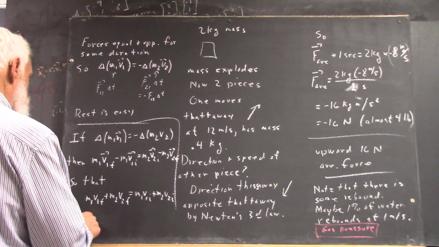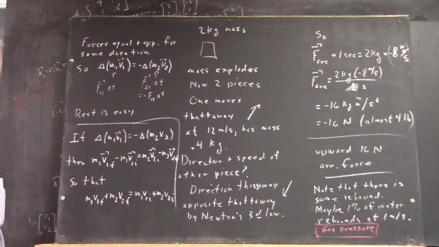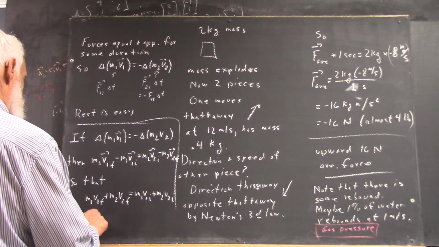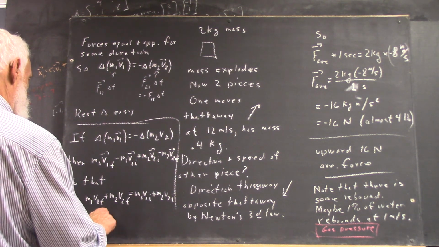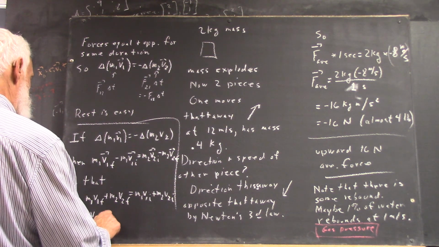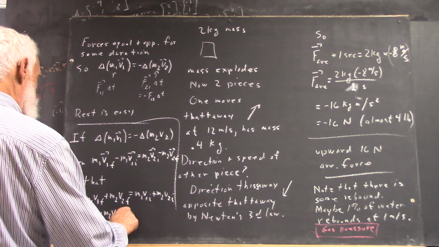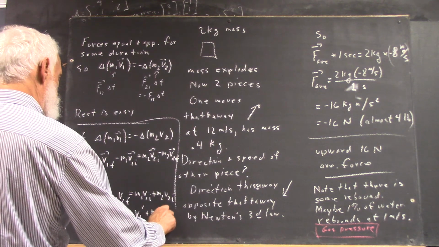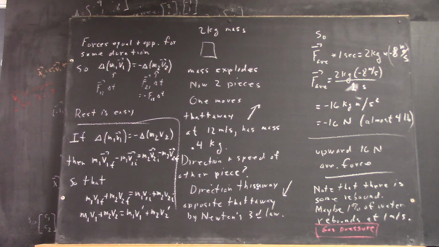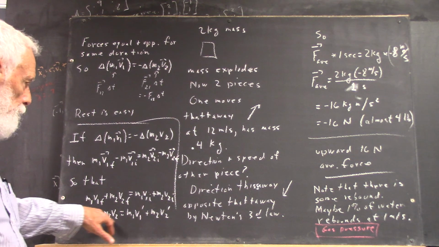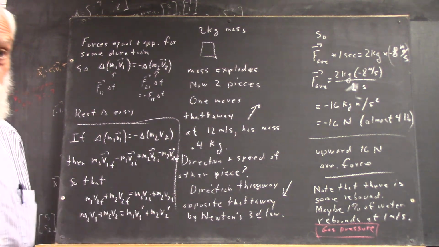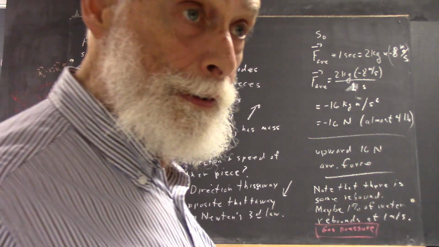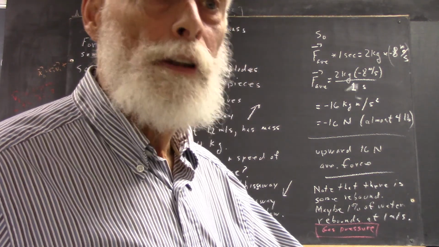Now, often this will be expressed in one of many ways. It could be m1v1 plus m2v2 equals m1v1 prime plus m2v2 prime. Just one notation where the prime doesn't indicate a derivative, it indicates after the collision.